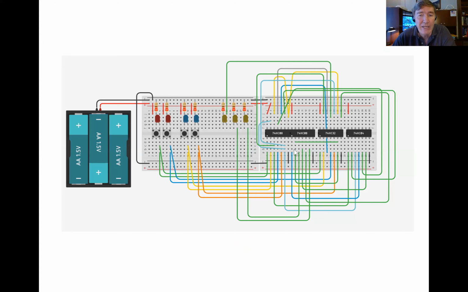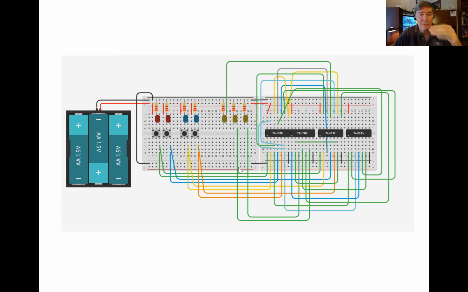If you think this is complicated right here, imagine how much worse it would be if you tried to do a binary adder using discrete resistors and transistors. Holy cow, would that ever be a mess? By using these integrated circuits, it makes it a whole lot easier.